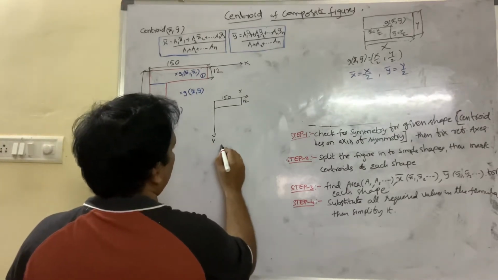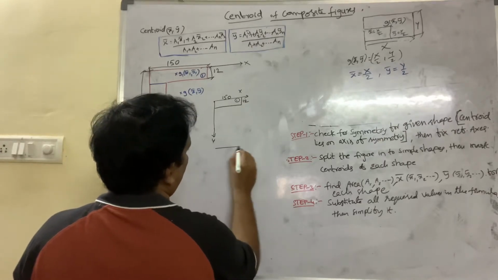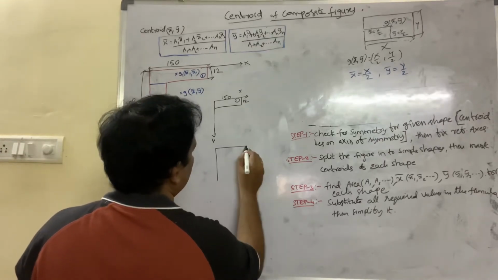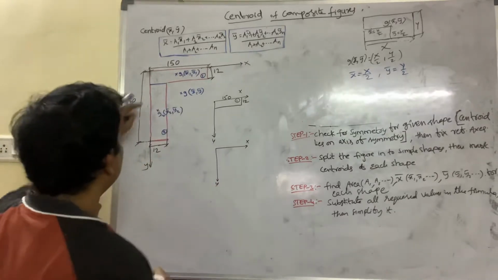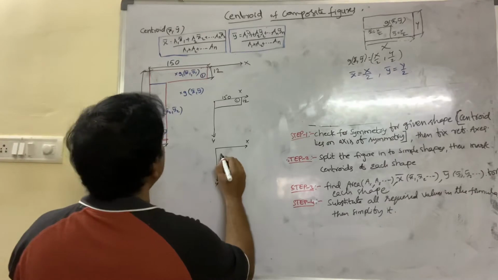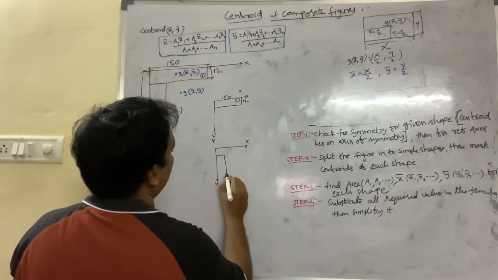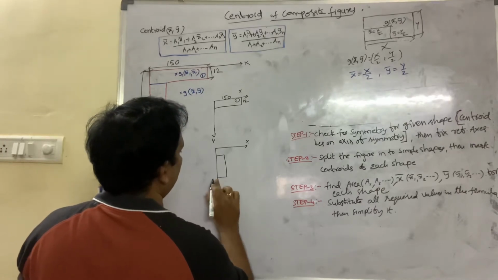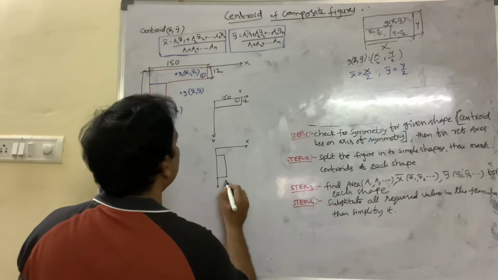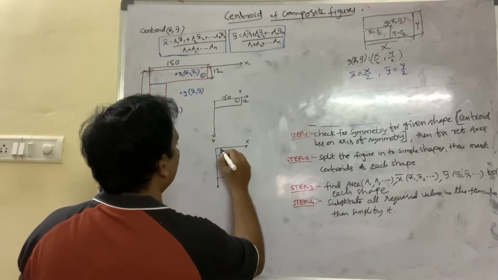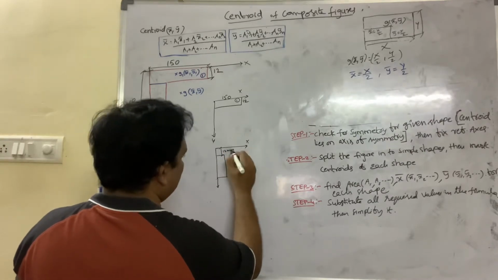And for the second figure, this is the first member and the second member. This is the x-axis and this is the y-axis, and the second member is located at a distance of 12 mm down from the x-axis.